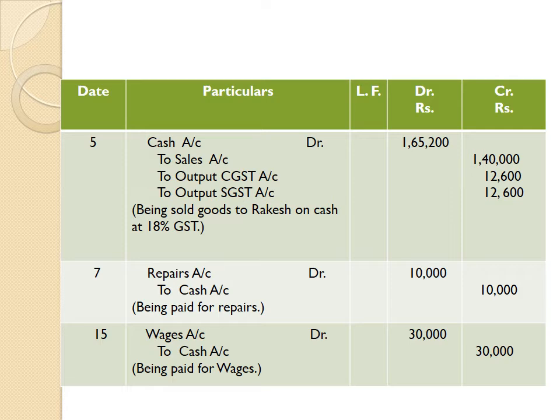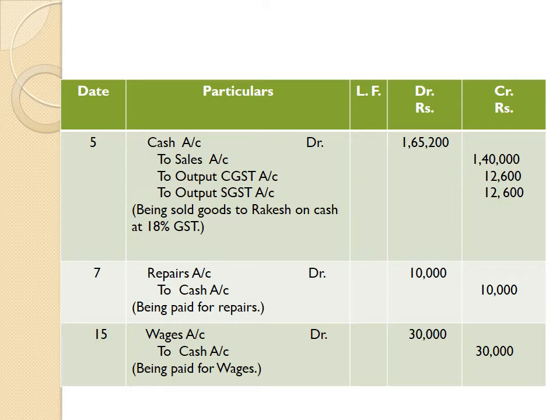That is the total of sales and GST. So sales is 1,40,000. Central GST is 12,600. State GST is 12,600. The total of these three items came rupees 1,65,200.